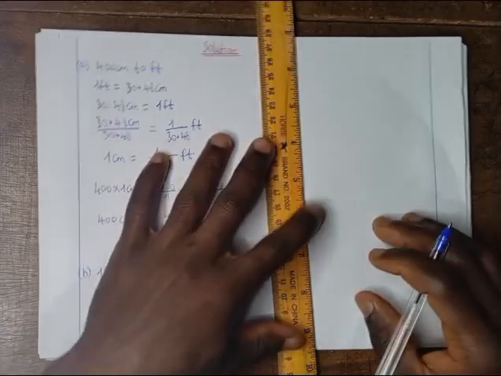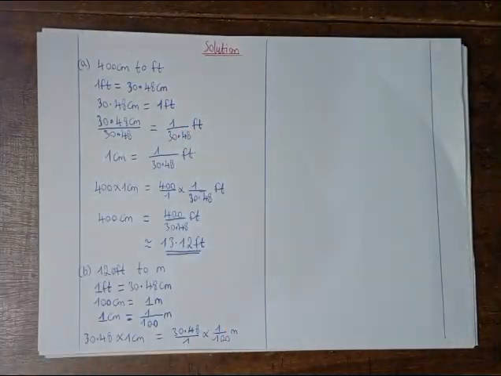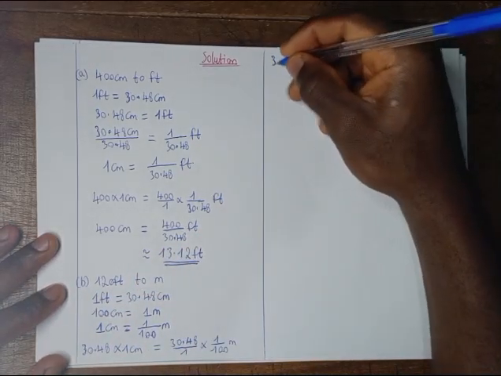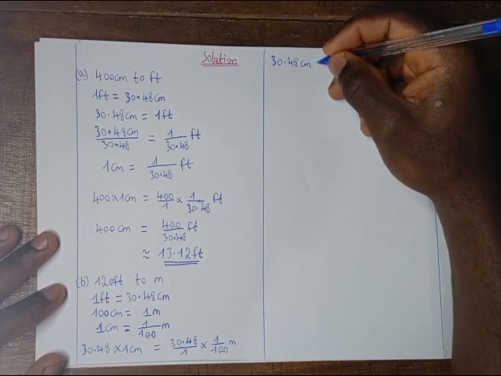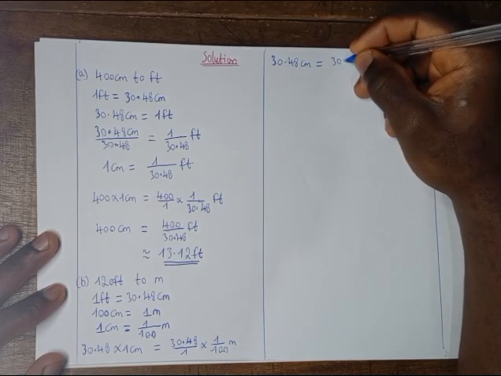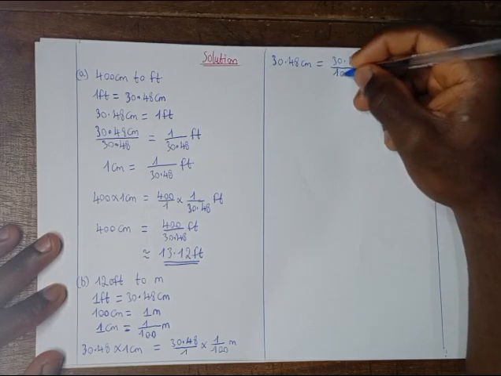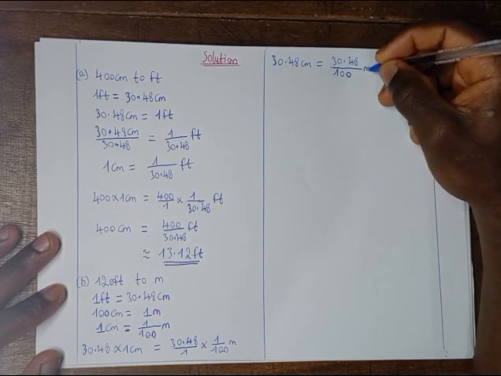Let's continue this way. This will give us 30.48 times 1 means 30.48 centimeters will be equal to 30.48 divided by 100. So this will be in meters.